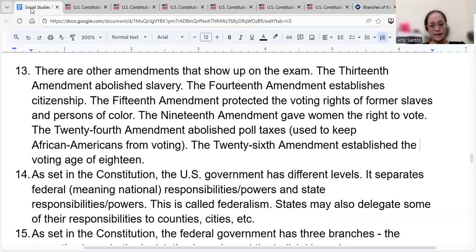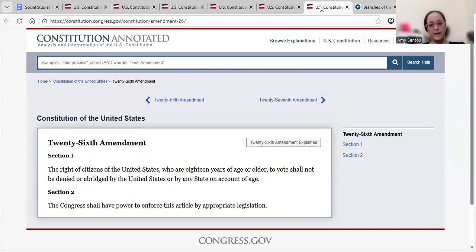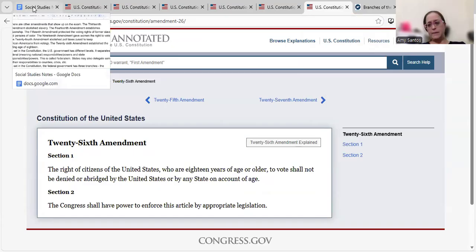And then the 26th Amendment, which lowered the voting age to 18. I think it was 21 before that, and then the 26th Amendment lowered it to age 18. So those are the other amendments that might show up on the exam.